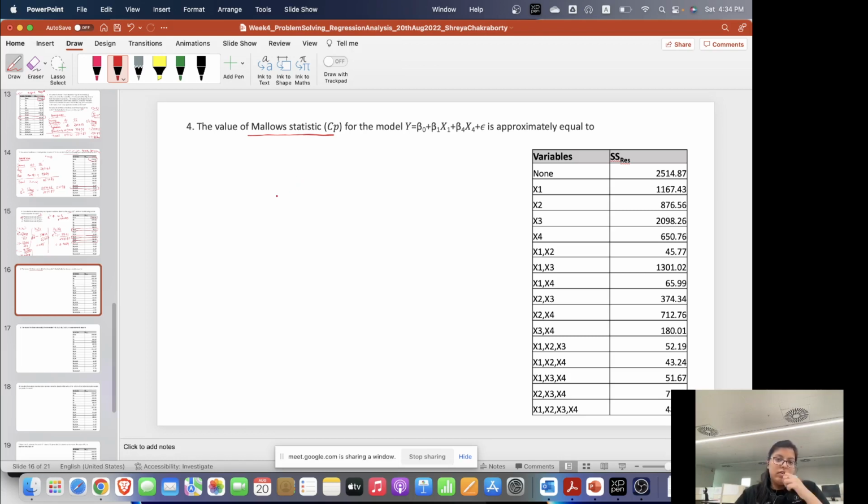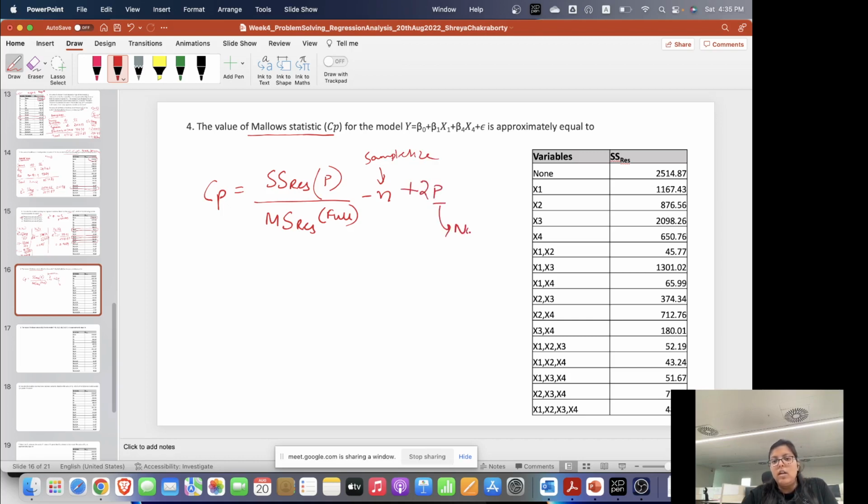In the lectures we have seen that Mallows Cp is written as the sum of squares due to residuals for the model with p parameters, divided by the mean square residuals when we are fitting the full model, minus n, where n is the sample size, plus 2p, where p is my number of unknown parameters. This is the formula of Mallows Cp.